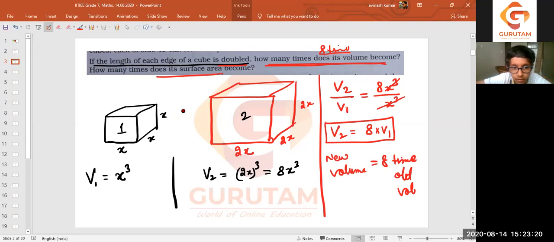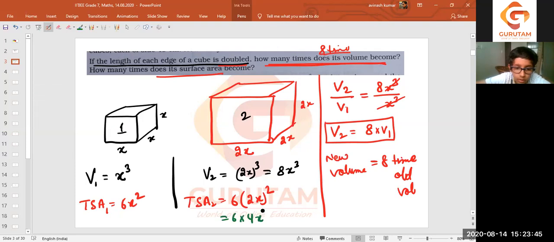Just think, what will be the total surface area? TSA 1 is 6x square. TSA 2 will be 6 times 2x square, so it will become 6 into 4x square, which will be 24x square.